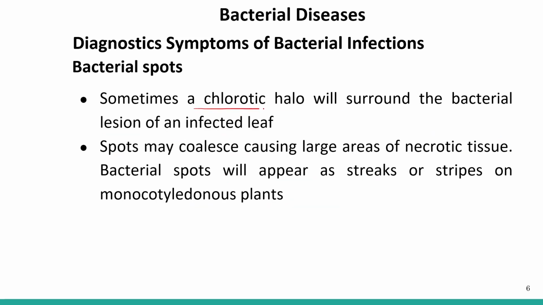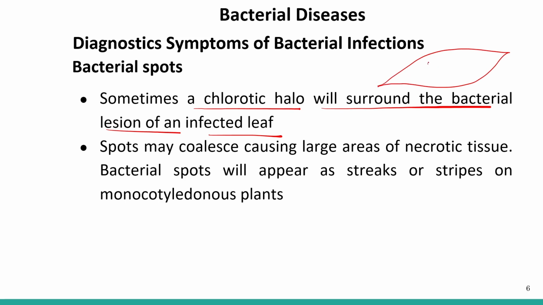Sometimes a chlorotic halo will surround the bacterial lesions of an infected leaf. So what is a halo? Suppose this is a leaf and this is the infected spot. Surrounding this is called the chlorotic halo. What does this mean?